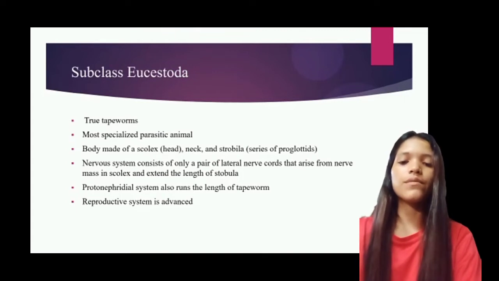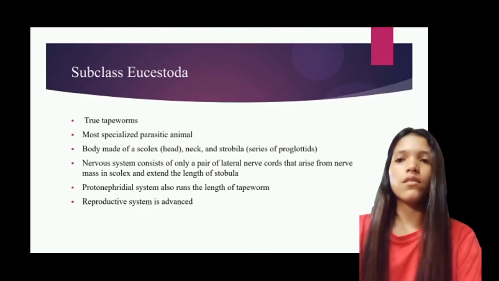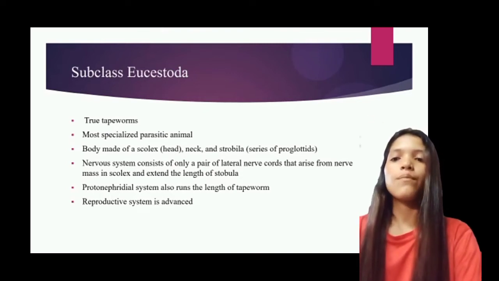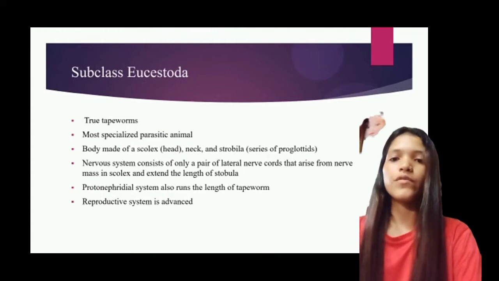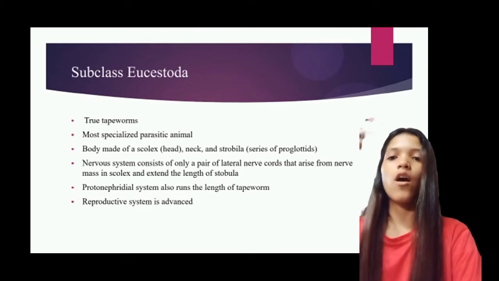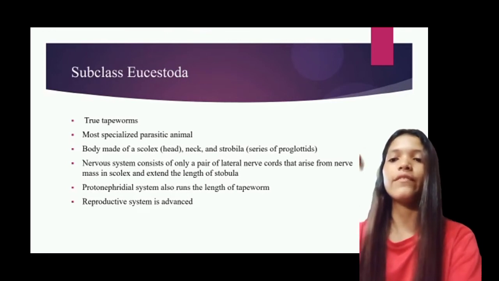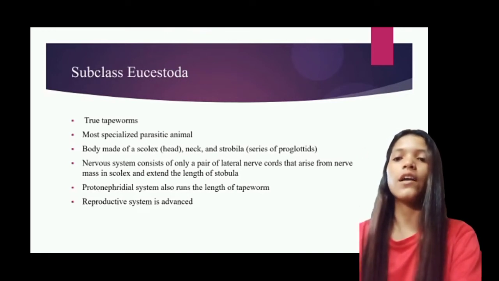The reproductive system is advanced. Examples of Eucestoda are the pork tapeworm, which is Taenia solium, with humans as the definitive host and pigs as the intermediate host, and Moniezia expansa, the definitive hosts of which are ruminants.